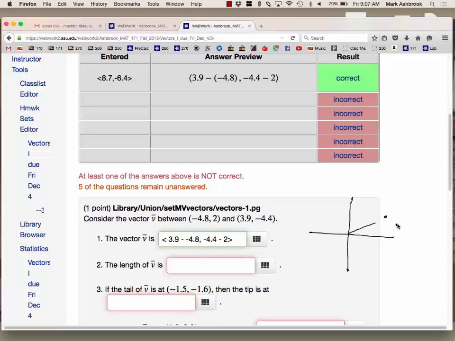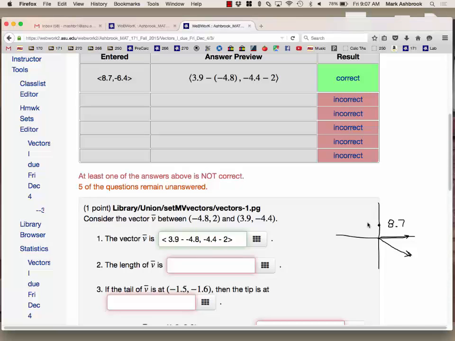So if we put its tail at the origin, it's going to be 8.7, negative 6.4, like this. So the x component is 8.7, and we can think of the actual vector as the sum of two other vectors, an entirely horizontal vector and an entirely vertical vector.